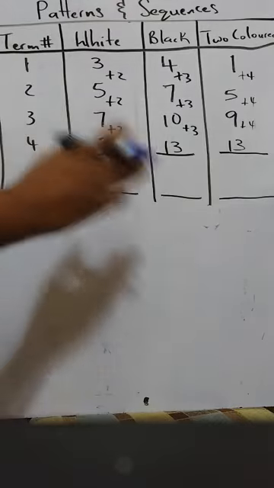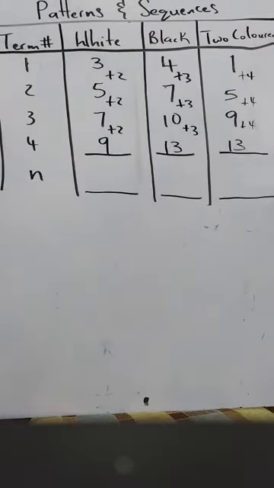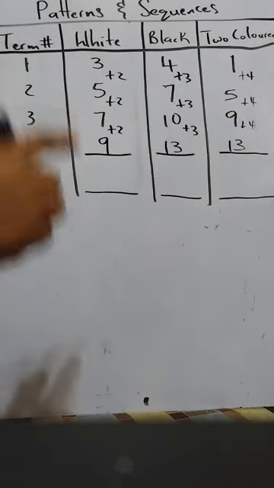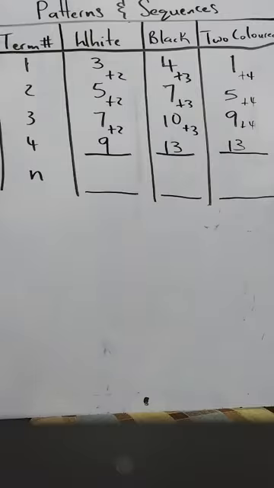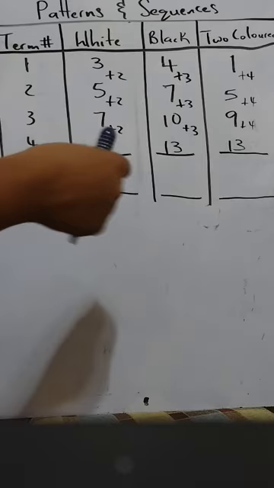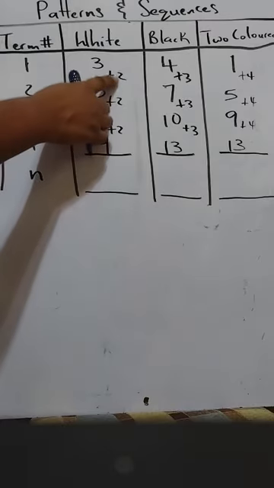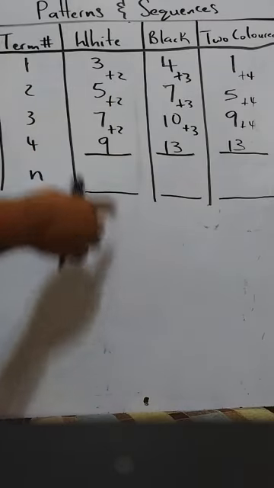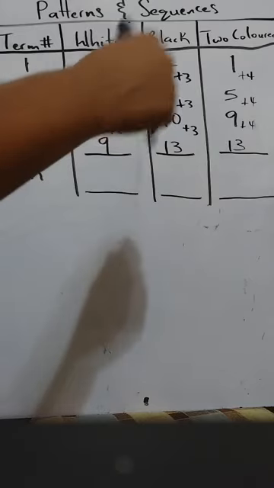So if we're at term number 5, we would have added 2 four times. If I repeatedly add a number, I can condense that into multiplication. Because if I say 2 is being added 3 times, I could just say 3 times 2. If 2 is being added 2 times, I could say 2 times 2. If 2 was being added 4 times, I could say 4 times 2.